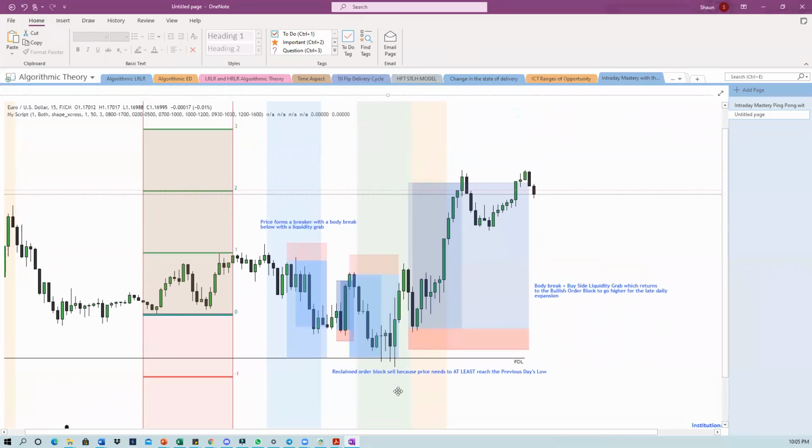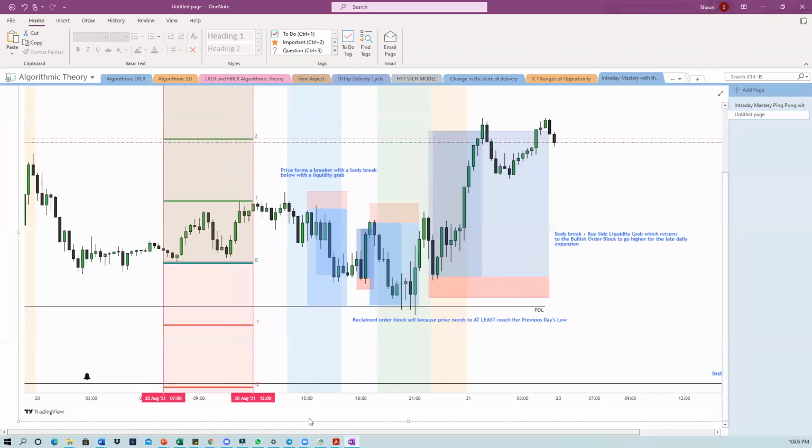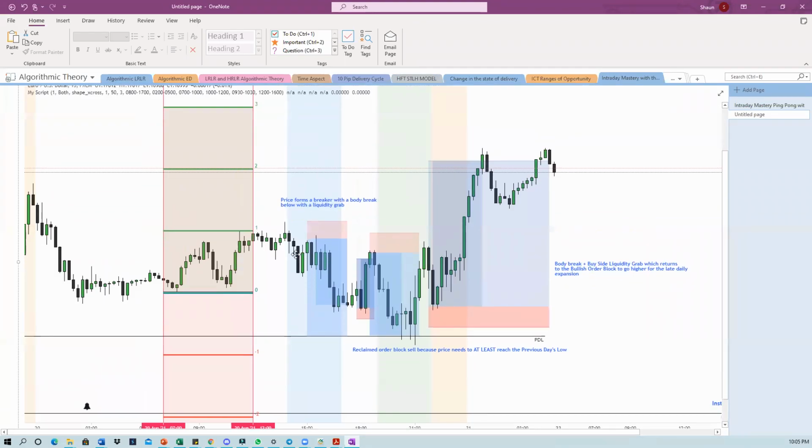Okay, now you can see using Friday's price action, you have this entry here, breaker, body break, and all that. You have the entry, previous day's low. You have the buy that I missed to come here. You have the sell from up there, which I took again to come down here. And this is the buy. Okay, so you will be looking at stuff like this. You will be looking at here when order flow shifts, you can take a sell.